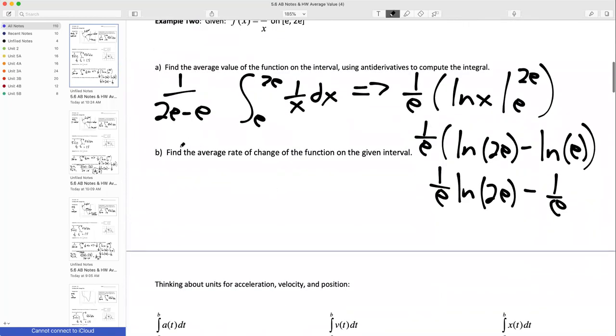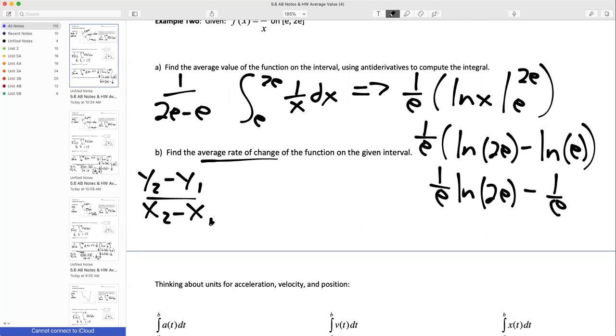Right now, part B says find the average rate of change of the function on the given interval. Let's go back to earlier in our course study. Average rate of change is just the slope. So when it says to find the average rate of change, all I'm doing is finding y2 minus y1 over x2 minus x1.